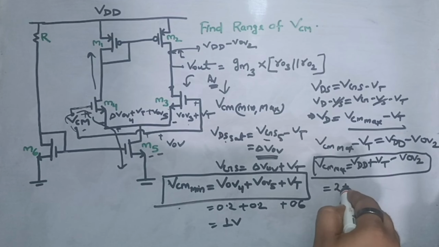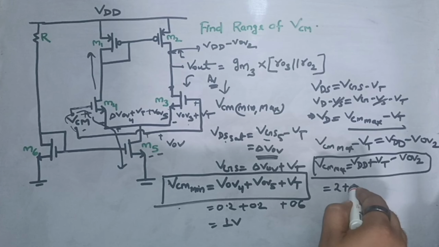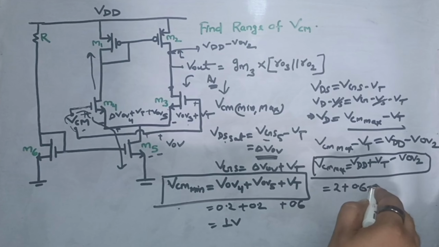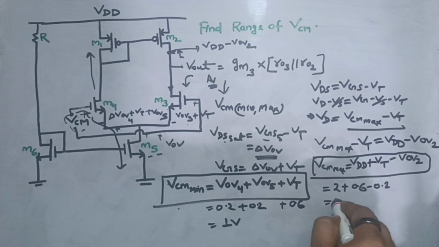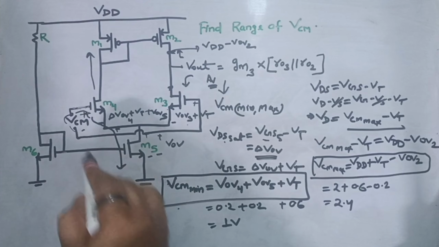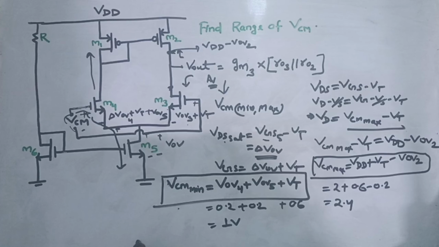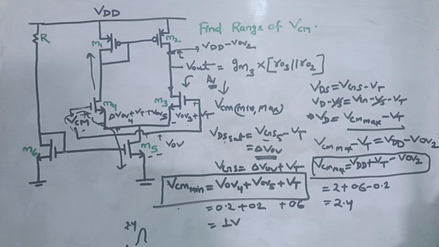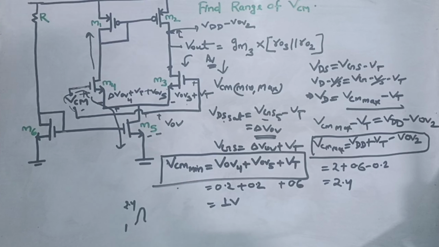So 2 plus VT, which we have taken as 0.6, and gate overdrive we have taken 0.2, gives 2.4. So basically your input can switch from 1 volt to 2.4 volt. For this range of voltage, your amplifier will work perfectly.